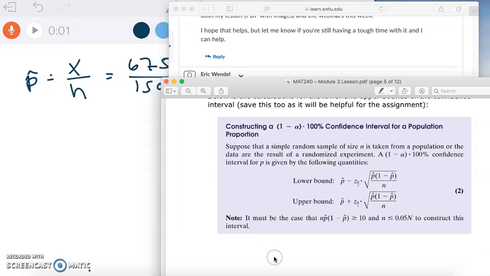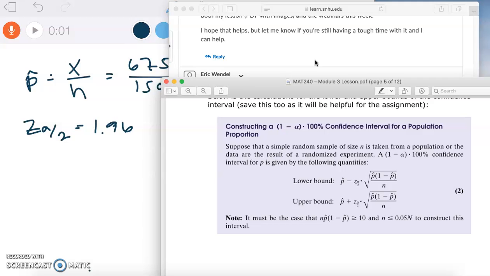From the standard normal distribution table, which is what we use for the population proportion, we know, and it's at the very bottom of the table, that the critical value z alpha over 2 for a 95% confidence level is 1.96. If you have any questions about how to find that, let me know.